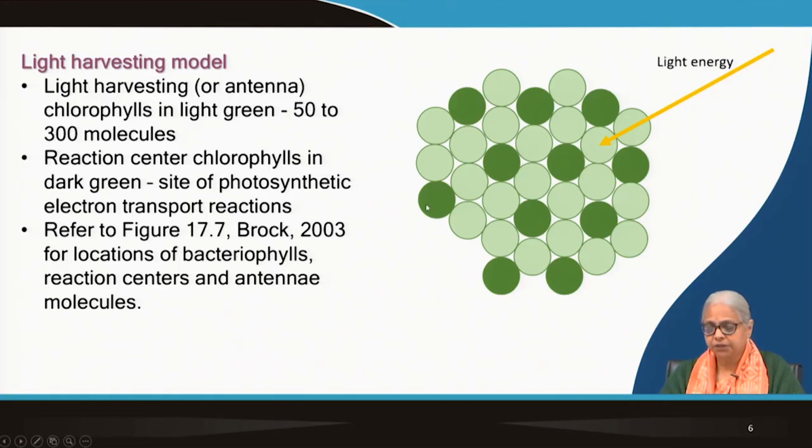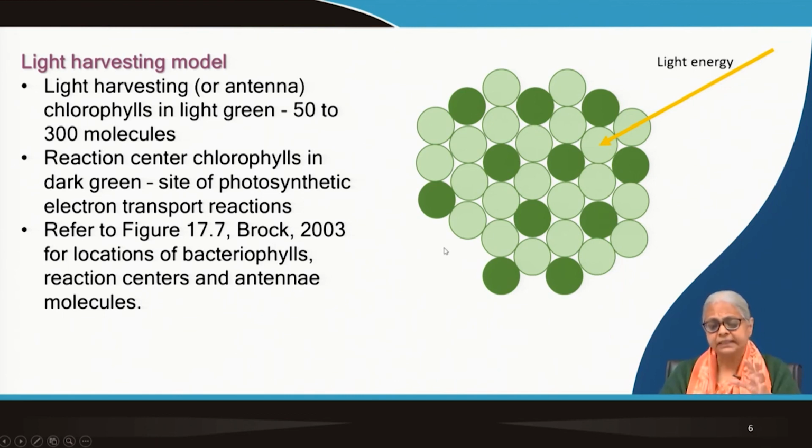The reaction centers are shown in dark green color. For every reaction center there may be 50 to 300 molecules of the light harvesting chlorophylls. And again, I will refer you to figure 17.7 in the Brock textbook.